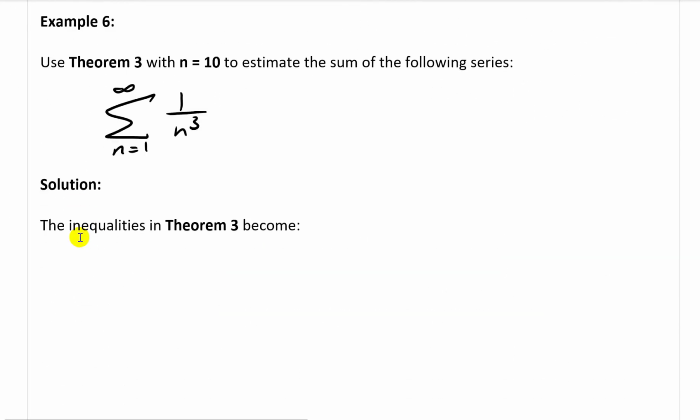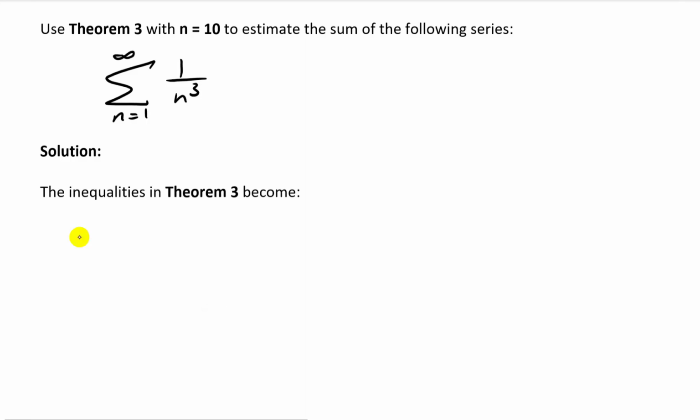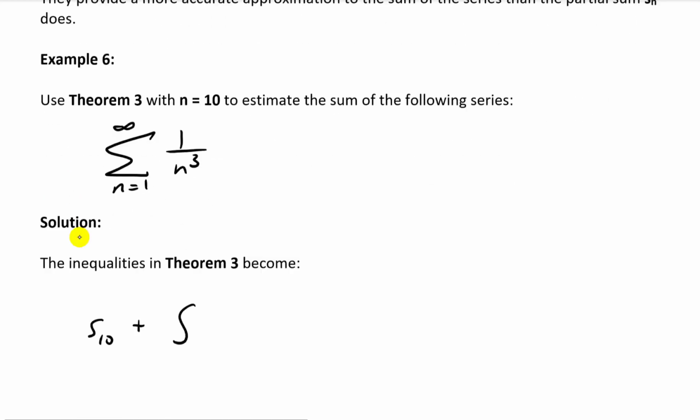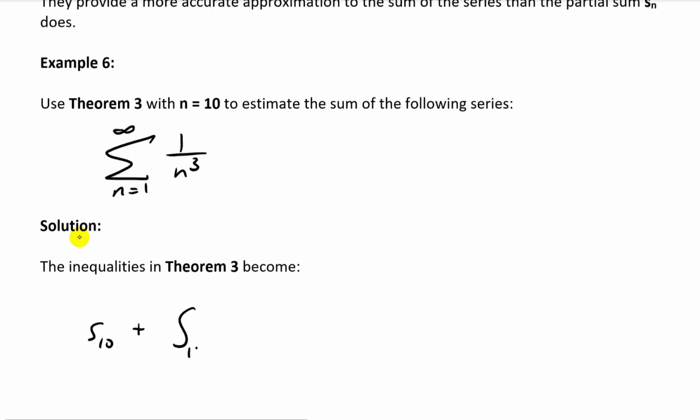So we have S10 plus the integral from 11, which is n plus 1, to infinity of f of x dx, and now our f of x will be 1 over x cubed, so it's the integral from 11 to infinity of 1 over x cubed dx.